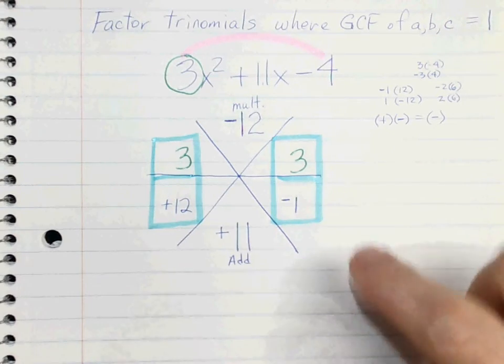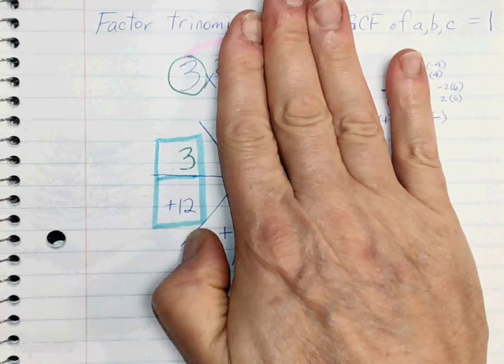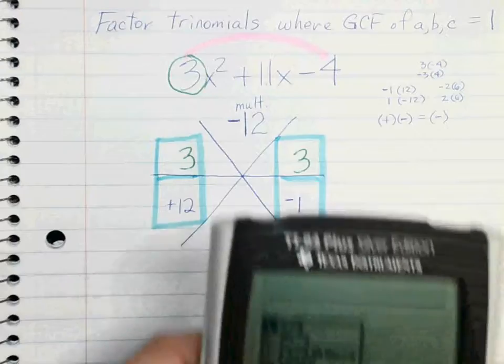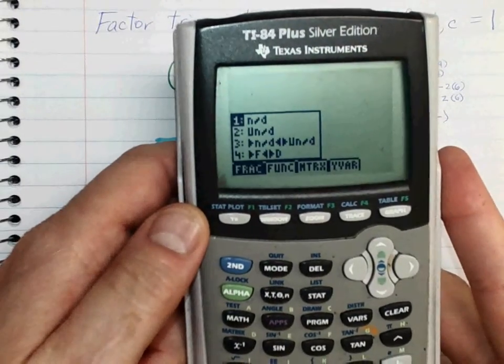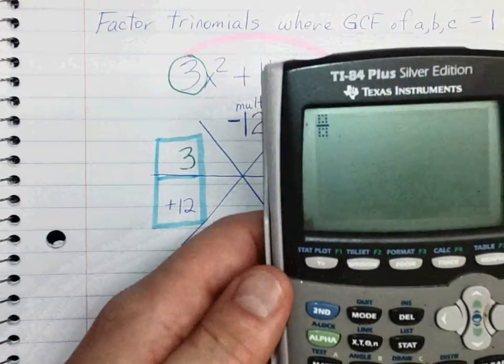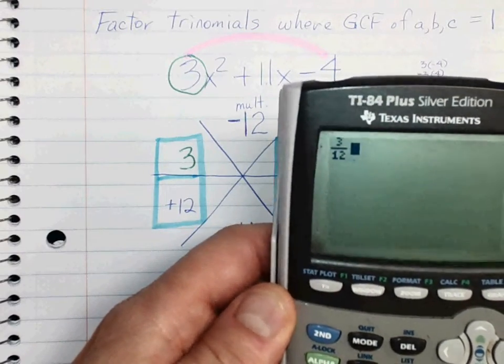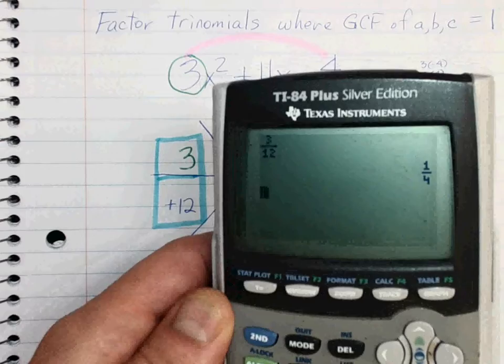Now, if you can reduce 3 over 12, if you can reduce it, you must. So if you kind of stink at reducing fractions, I want you to do your alpha y equals, and type it in. 3 over 12, what does that reduce to? 1/4.